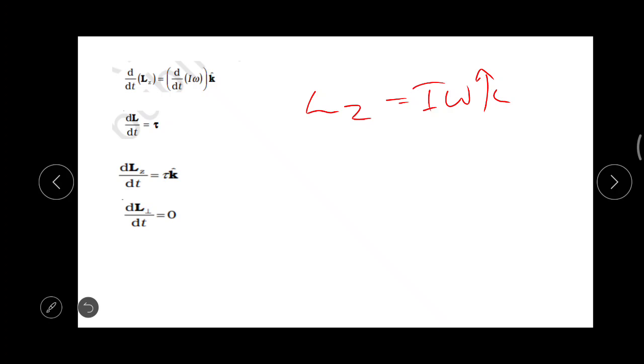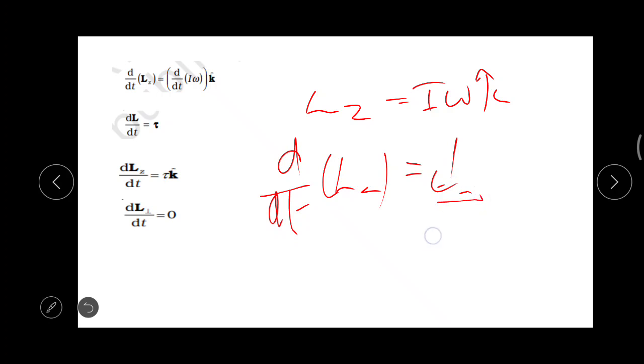So taking the differentiation on both sides, d by dt of Lz is equal to d by dt of I omega K cap.